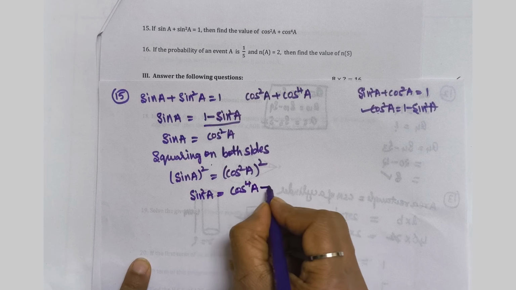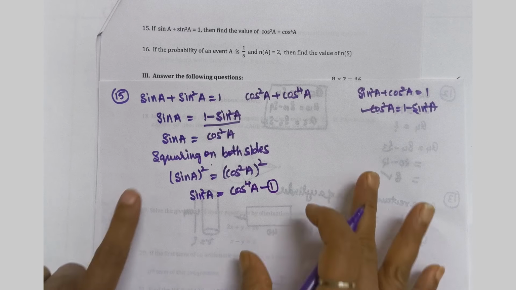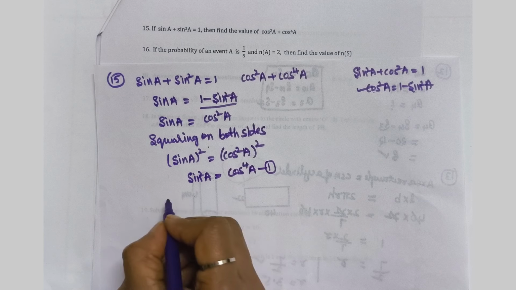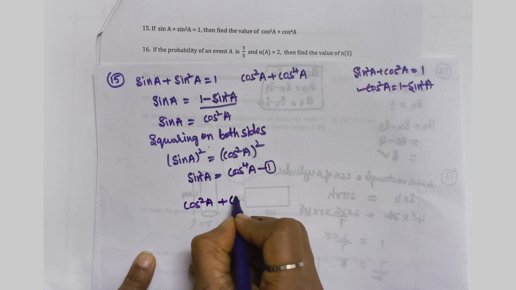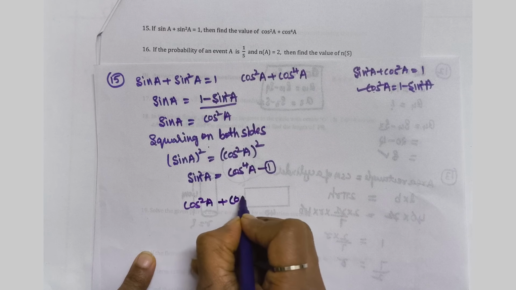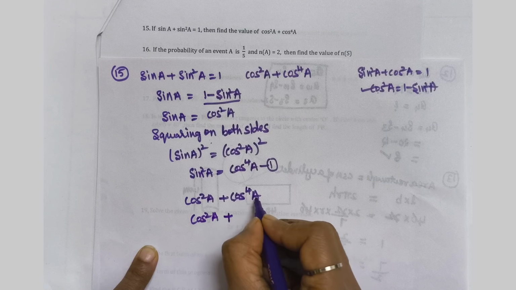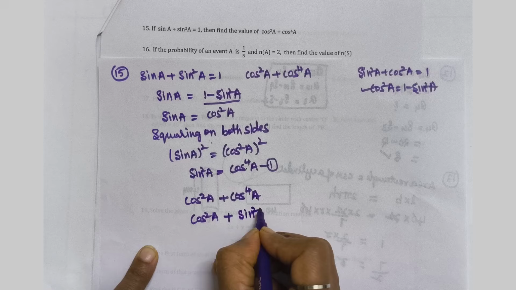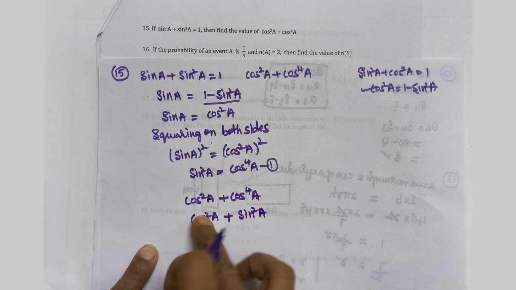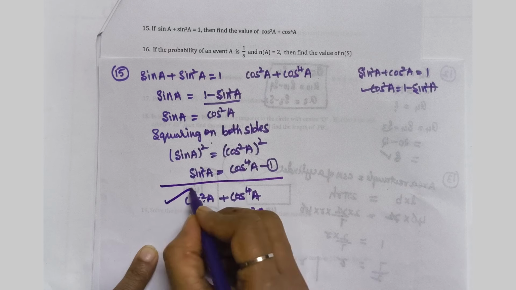Now this equation, keep one side. Now what do we have to find? Cos square A plus cos to the power of 4A. This value we will find. Okay. Now see here, write this one as it is: cos square A. Plus cos to the power of 4A, plus we can write here sin square A. Now we are finding this value.